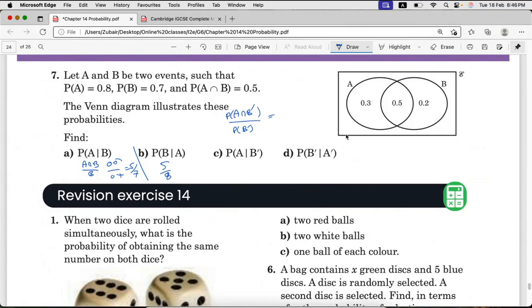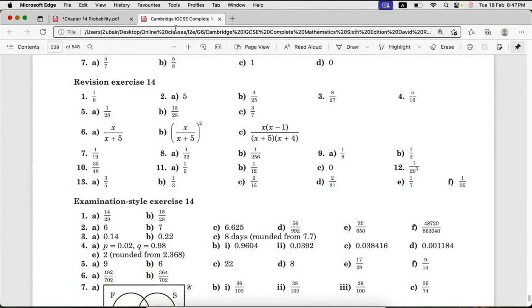It is 0.3. Very good. And what is B complement only? 0.5 plus... no. What is it? That is 0.3, Haris. Oh yeah, 0.3. This should be 1. C part is 1.